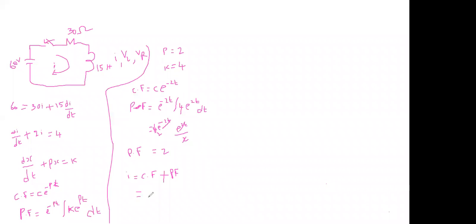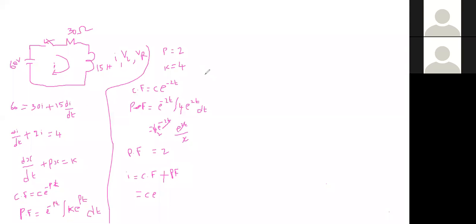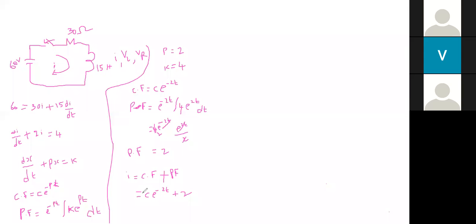C into e power minus 2t, plus 2, equal to I.